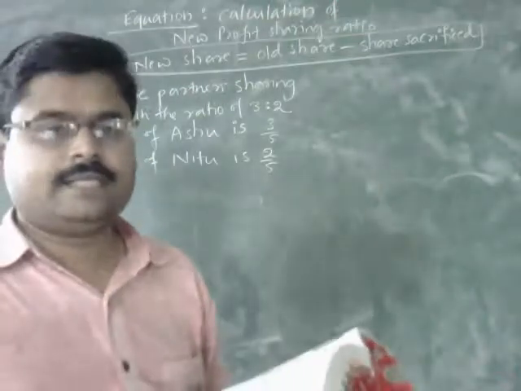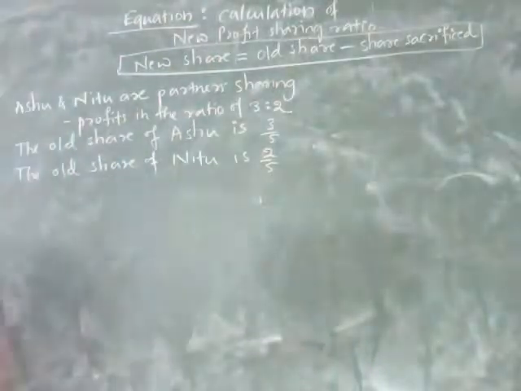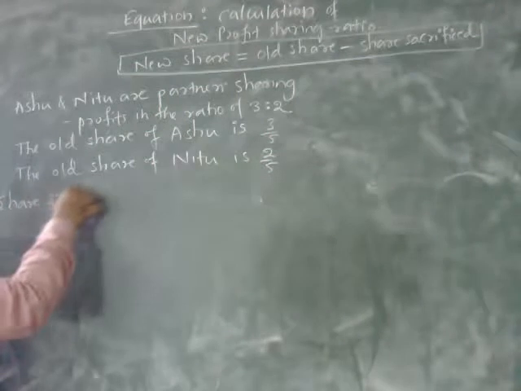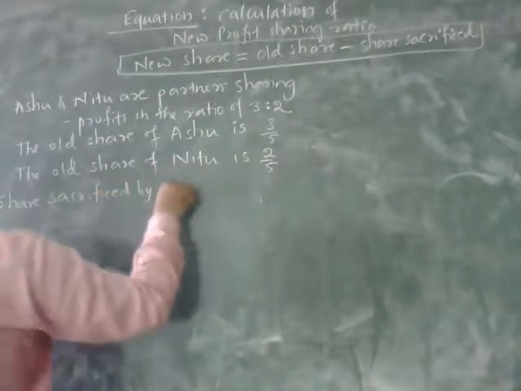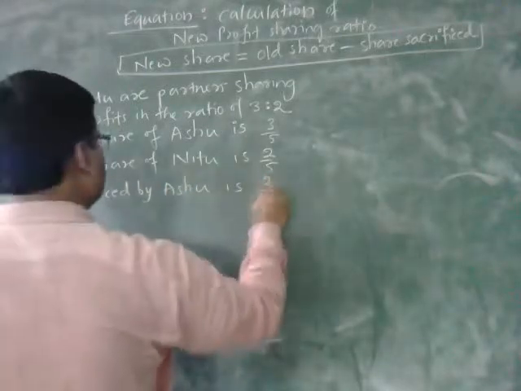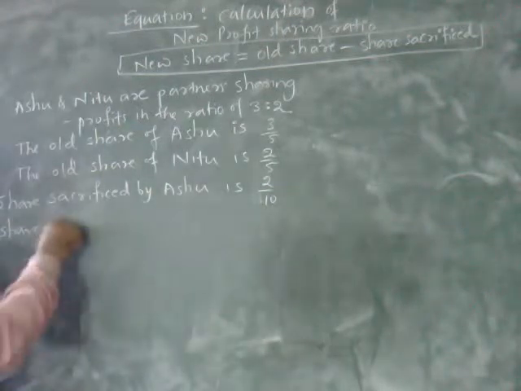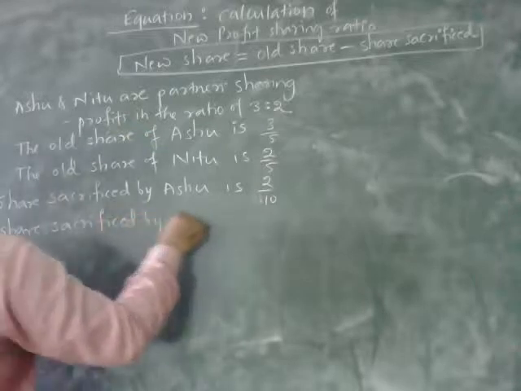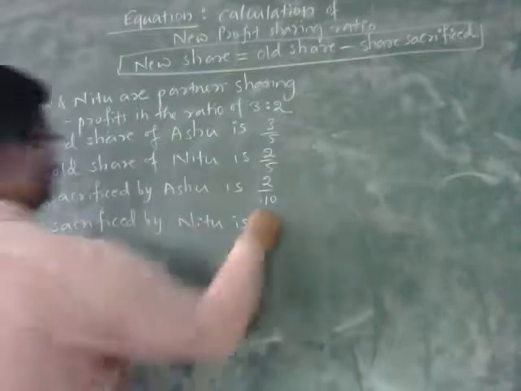It literally means that the share sacrificed by Ashu is 2/10, and likewise the share sacrificed by Neetu is 1/10.